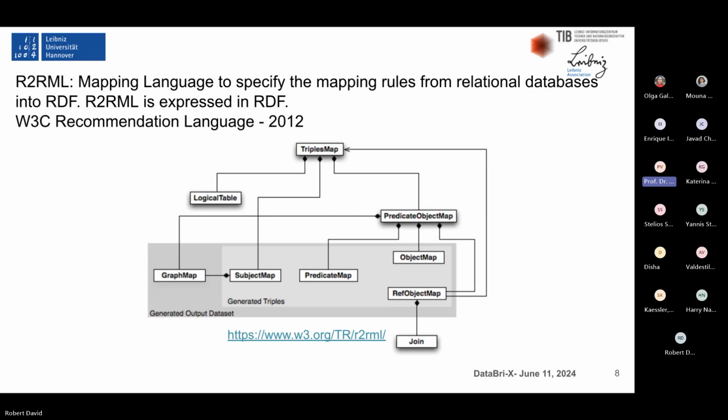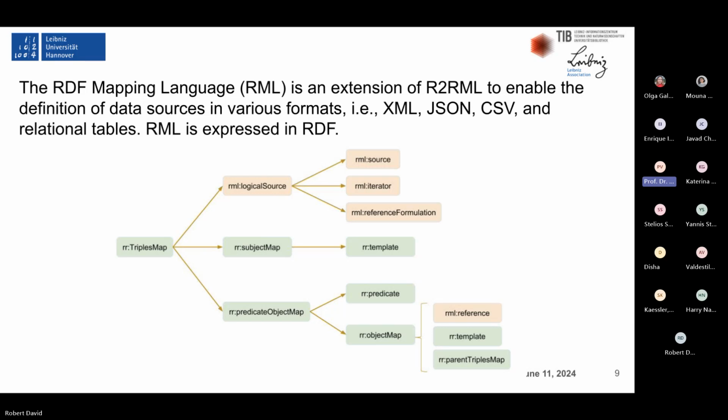RML, on the other hand, beyond the properties that we define for R2RML, has the possibility to receive as input data sets that are in XML, JSON, CSV, and relational tables, for example. And the output is always in RDF.